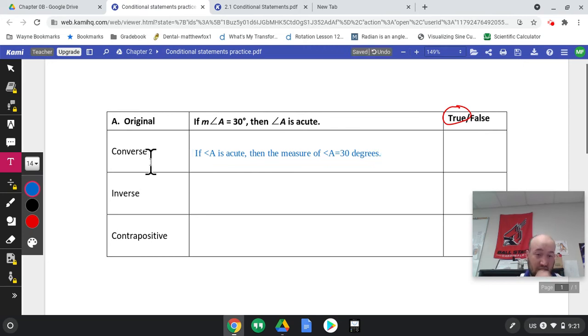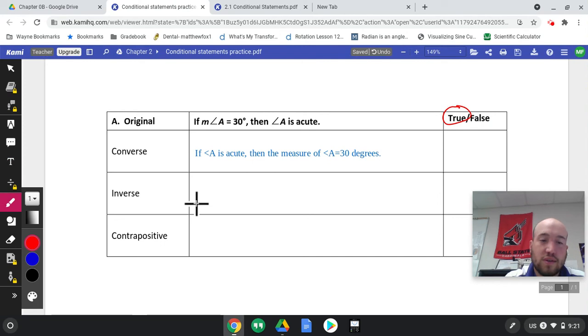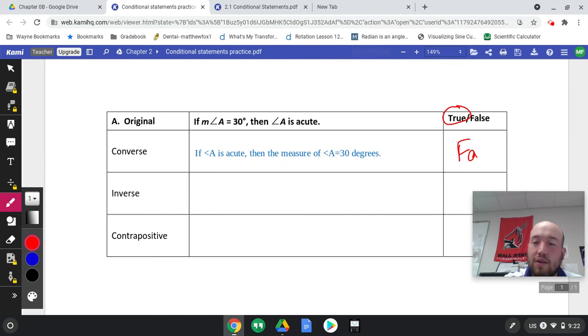So let's think about this. Is this true or is this false? Hopefully you realize if angle A is acute, it wouldn't have to be 30 degrees. If it's 30 degrees, it is acute, but it's not always 30 degrees. What if I had 25 or 16 or 82 or 30.2, right? There's a lot of other answers, so this is going to be false.